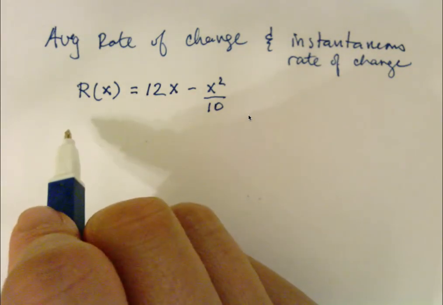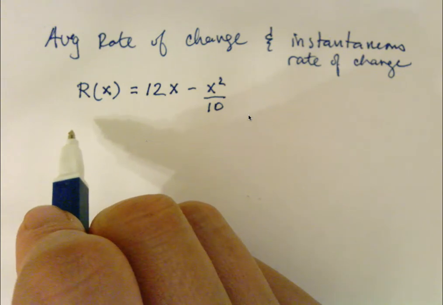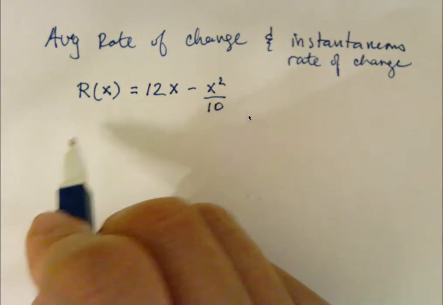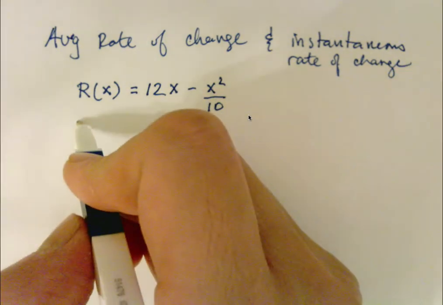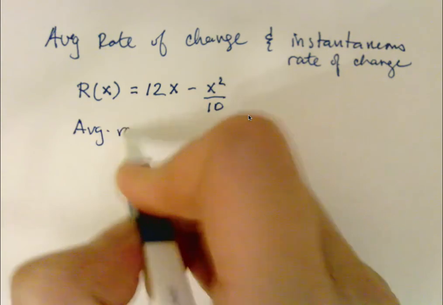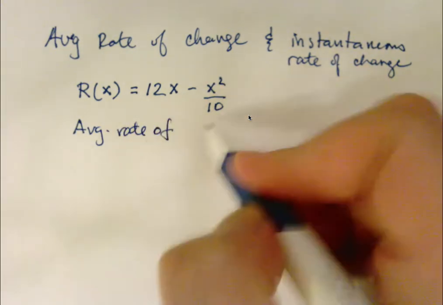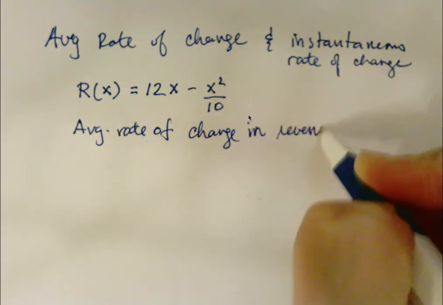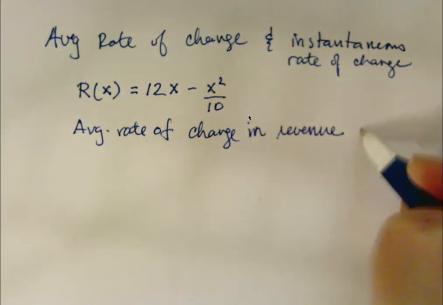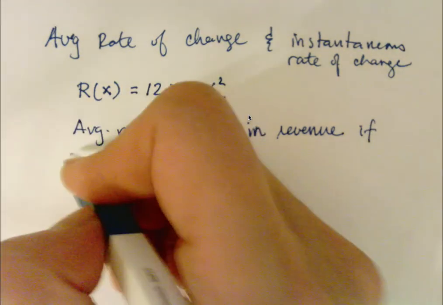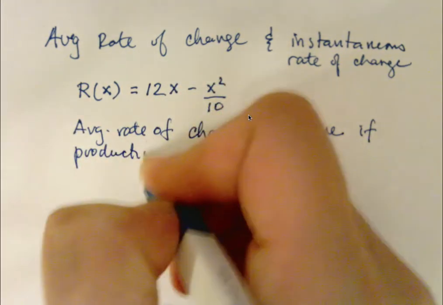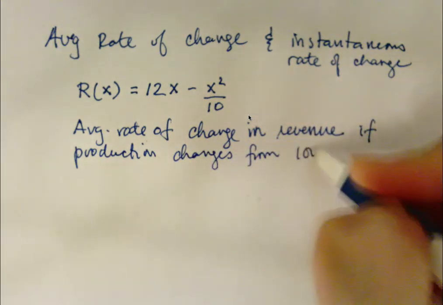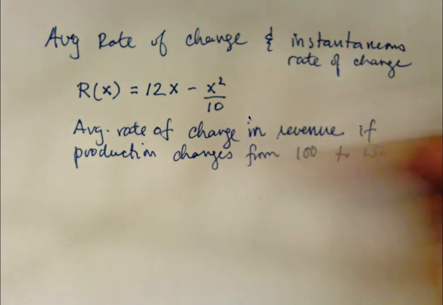So we want to see what the average rate of change in revenue is if production is changed from 100 basketballs to 150 basketballs.